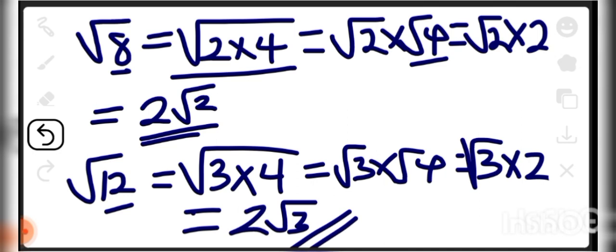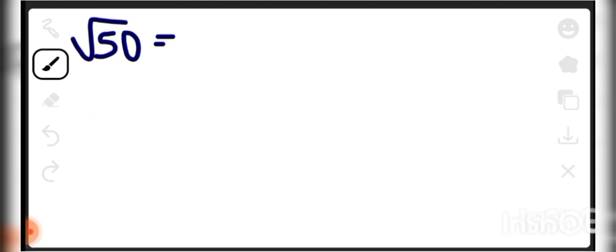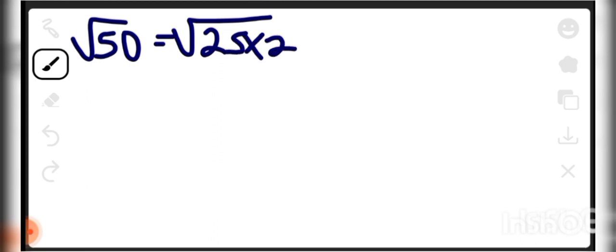So this is how you simplify a surd. You can look for more questions, then you simplify. Let's just look at one more. We have root 50. I want to simplify this. It's going to give us root 25 times 2, because 25 is a perfect square of 5.